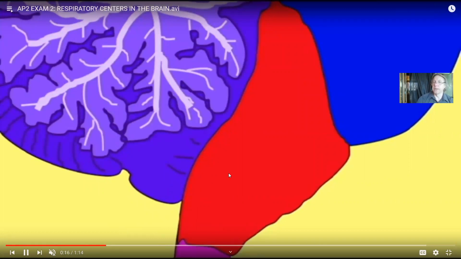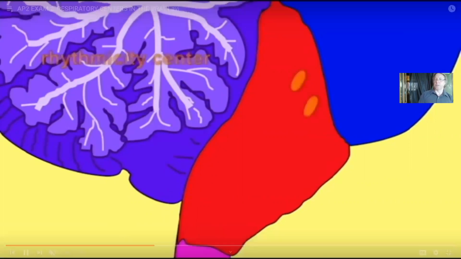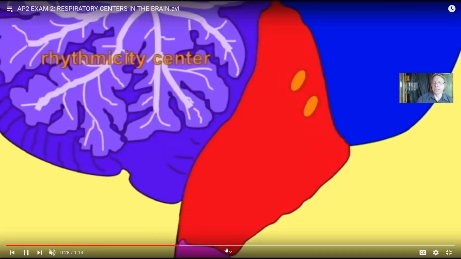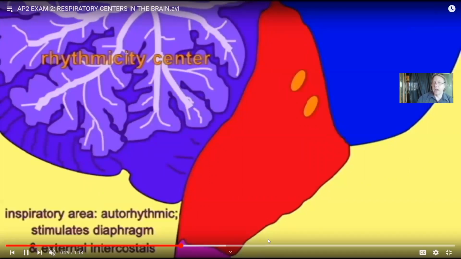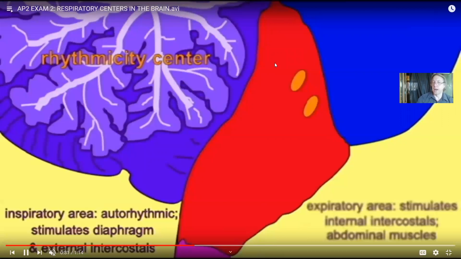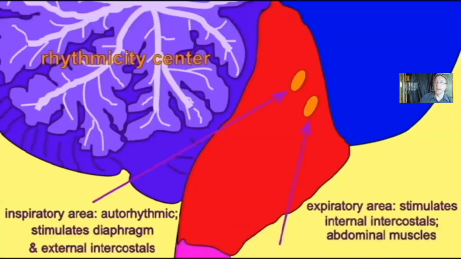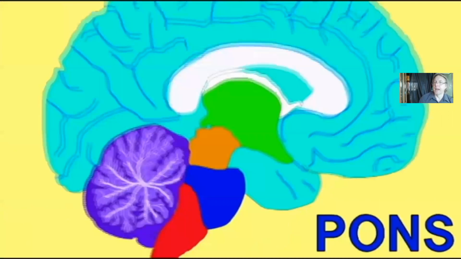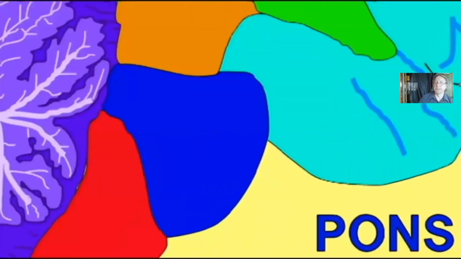Here we have an inspiratory center, which sends commands to the muscles which do inhales, so my brain can tell me to inhale. And then we have a center which can send commands to the muscles for exhaling. Here there are autorhythmic fibers, which can create a rhythm on their own. And so the medulla has the primary respiratory centers.